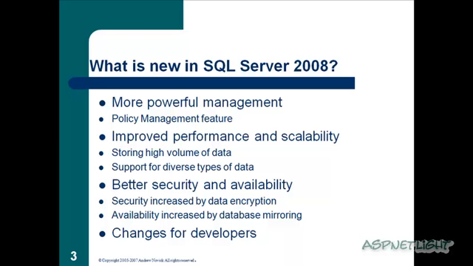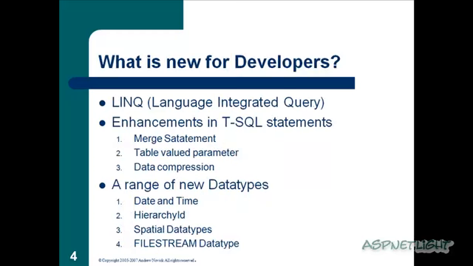New data types have been included in SQL Server 2008. Compared with the previous version, there is better security and availability, so data encryption and row level encryption options are there, and database mirroring is there. There are a lot of changes for developers so that you can do better management of SQL Server 2008.